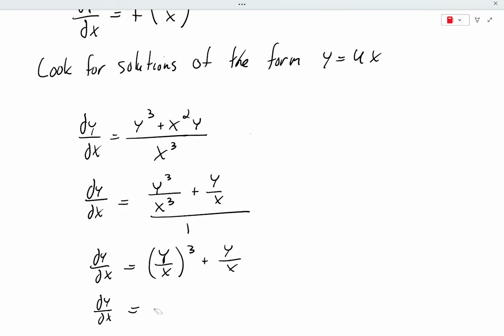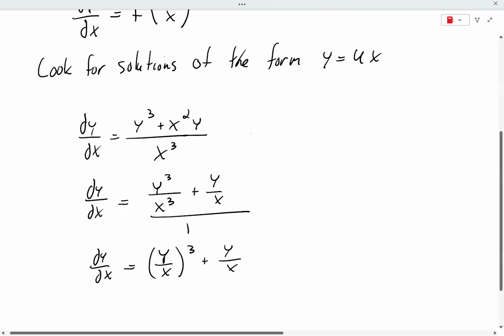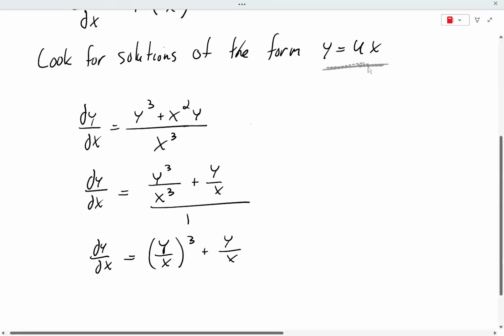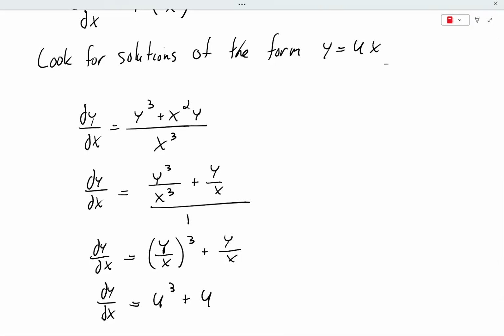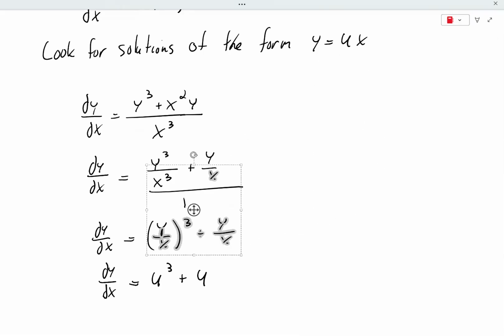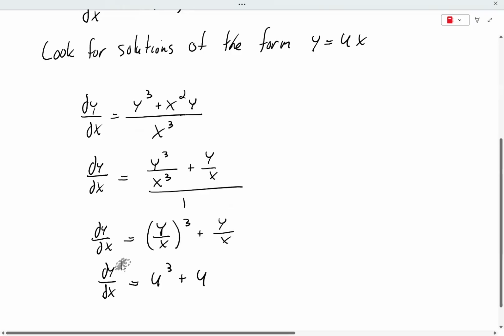Once you have this, you look for solutions of this form right here. So what you do is plug in the y. Let's write this much here: you get dy/dx equals u cubed plus u, because you can divide across by the x. Then if you substitute, you put y equals ux in place of the y.